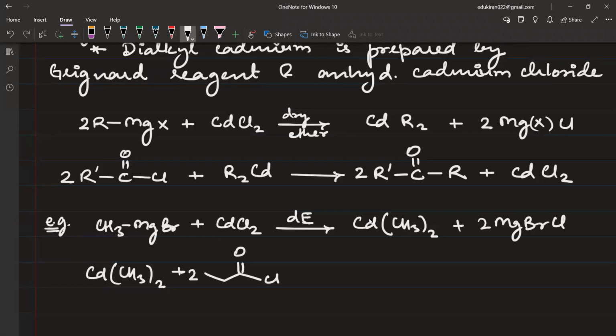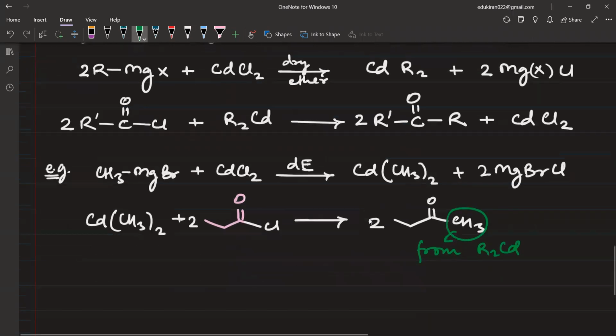I will need 2 moles of this also. This part will be as it is, and the chloride ion will be replaced by CH3. So I'll get 2 moles of the ketone with the double bond as it is, and CH3. Please see this CH3 here. This is coming from R2Cd.